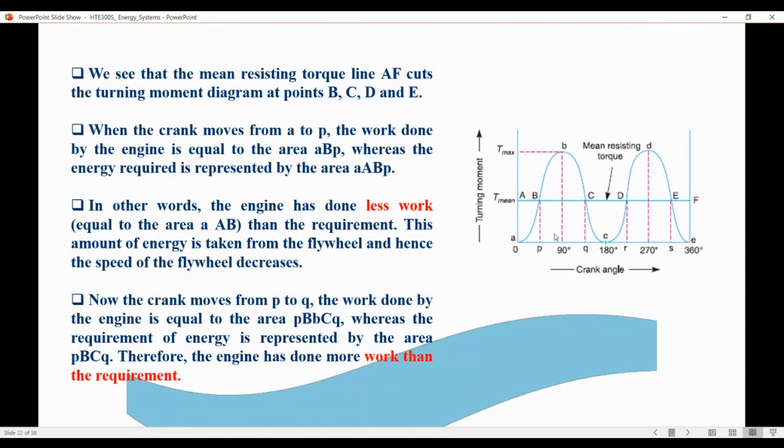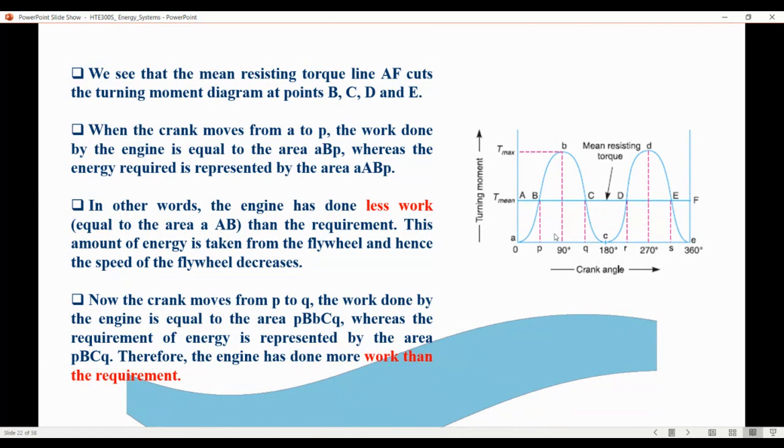The work done by the engine is equal to the area under that curve, whereas the energy required is represented by the block there, A, small a, big P. Obviously, you can use the same principle for small p, big C, small q. The area under there represents the work, and the energy is the whole block there.